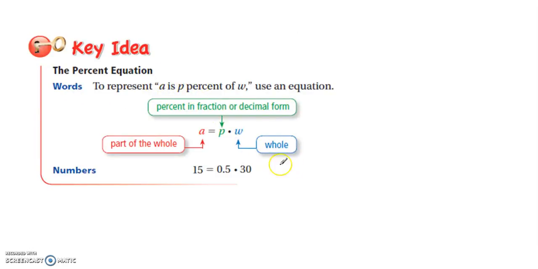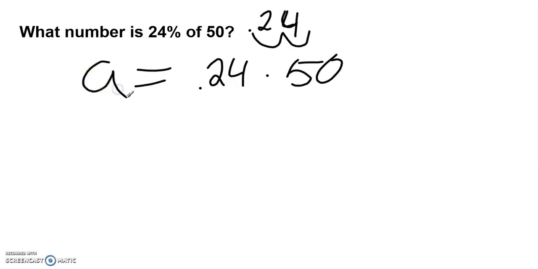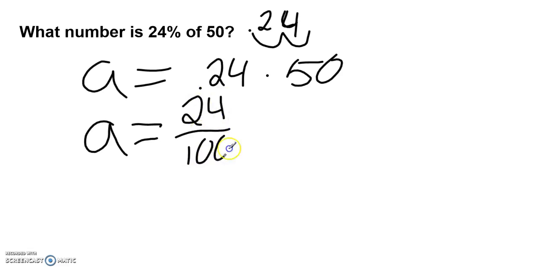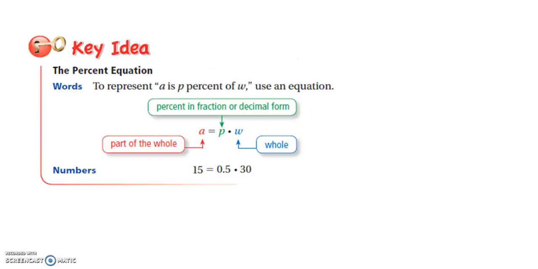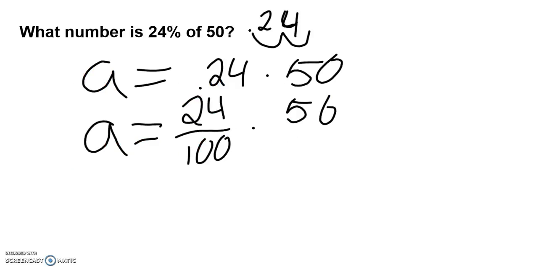The whole number which we want to find the percent of is 50, and we can label the unknown A. If you multiply this, I'm probably just going to put that over 100 times 50. It's times, right? Yeah. Okay, and then I can simplify this.